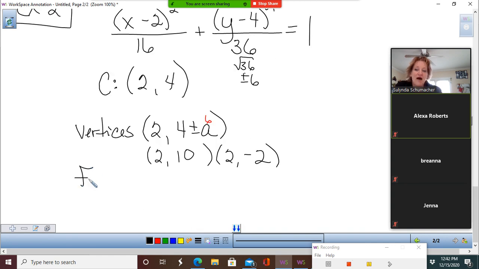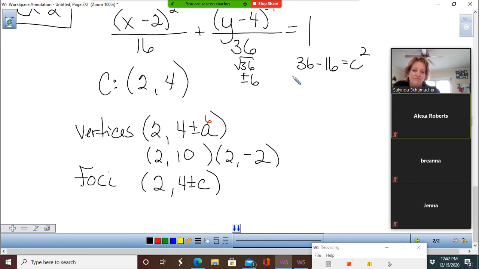Foci. The foci are always your h value and then your k plus and minus c. So we still have to find the c value. To find c, we subtract our denominators. So 36 minus 16 equals c squared. 36 minus 16 is 20, equals c squared.